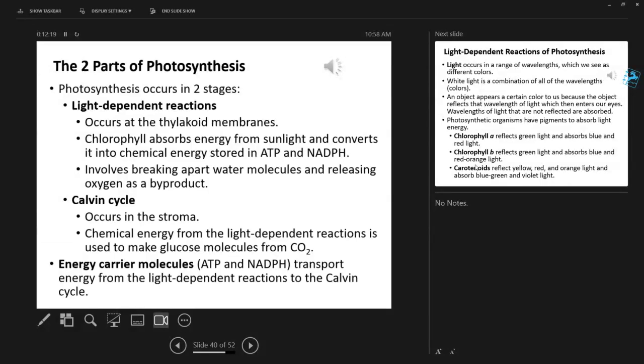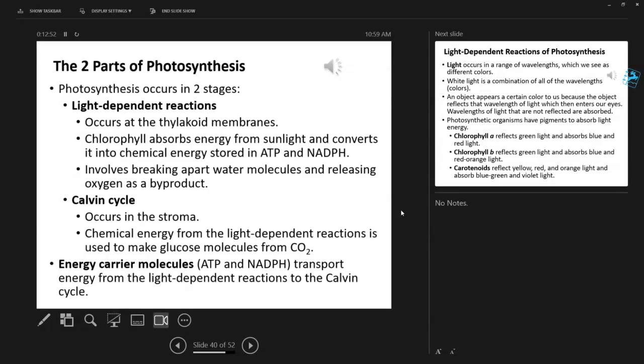So a bunch of ATP and NADPH are made or recharged in the light reactions. Then, in the Calvin cycle, the ATP and NADPH are used. Their energy is used to make organic compounds like glucose. Then these molecules go back to the light reactions to be recharged, and used in the Calvin cycle again, and then recharged. So this ATP and NADPH are recycled over and over.